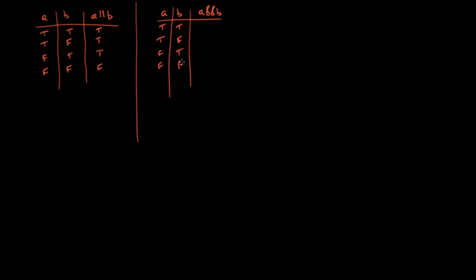If either one of them is false, then this whole statement is false. So if they're both true, this will be true. But whenever one of them is false, so in this case B is false, it will be false. Whenever A is false, A and B will be false. And whenever they're both false, the statement of A and B will be false as well. So those are just two basic truth tables for a couple of expressions.